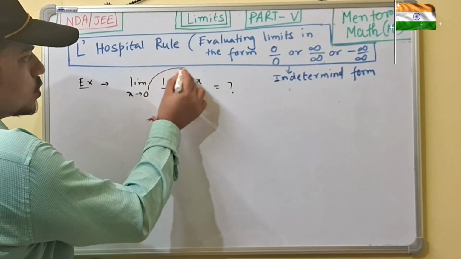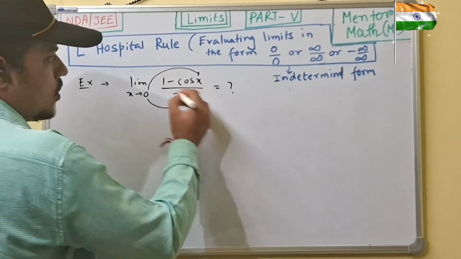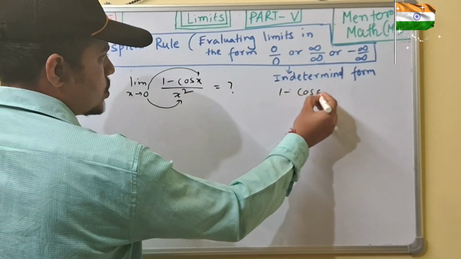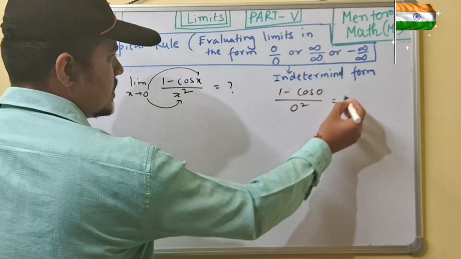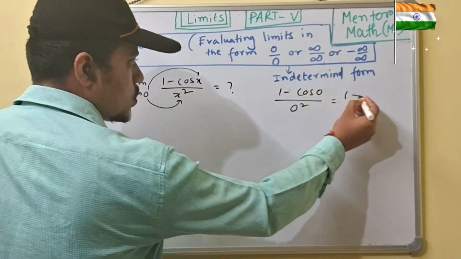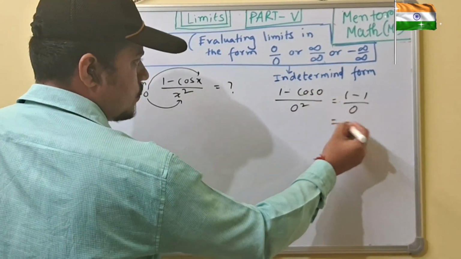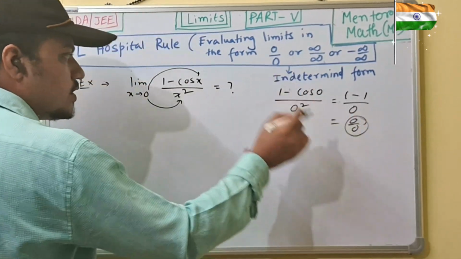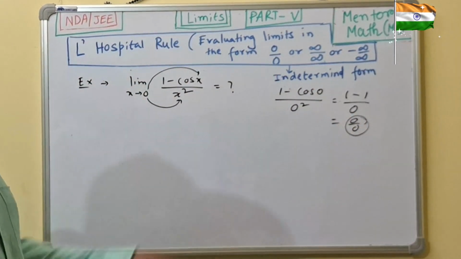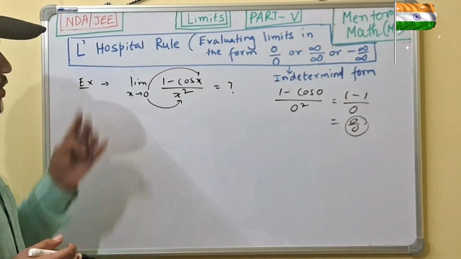If you put x tends to 0, you get 1 minus cos 0 by 0 square. The value of cos 0 is 1, so this is 0 by 0 form, which means we can apply the L'Hopital rule.